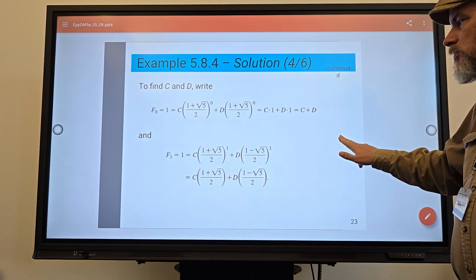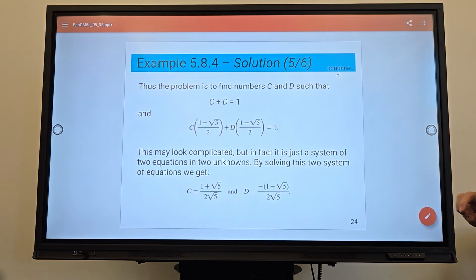Okay? Thus, the problem is to find the numbers c and d such that c plus d equals 1, and this here equals 1. It may look a little complicated, but in fact it is just a system of two equations in two unknowns.